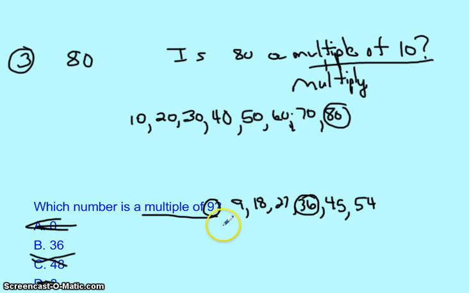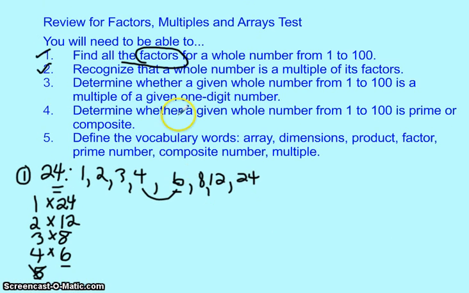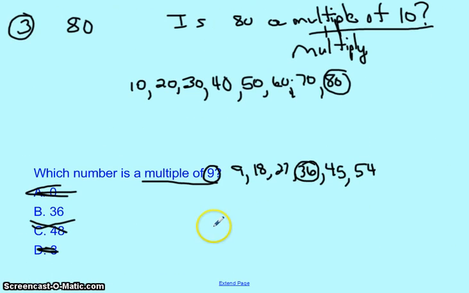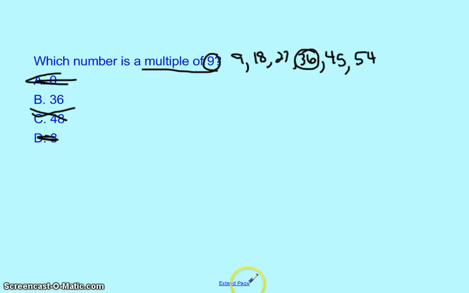Right? All right, let's look back up. That was: determine whether a given whole number from 1 to 100 is a multiple of a given one-digit number. Number 4, determine whether a given whole number is prime or composite. So if I'm thinking prime or composite, this is dealing with what? Factors. Okay.